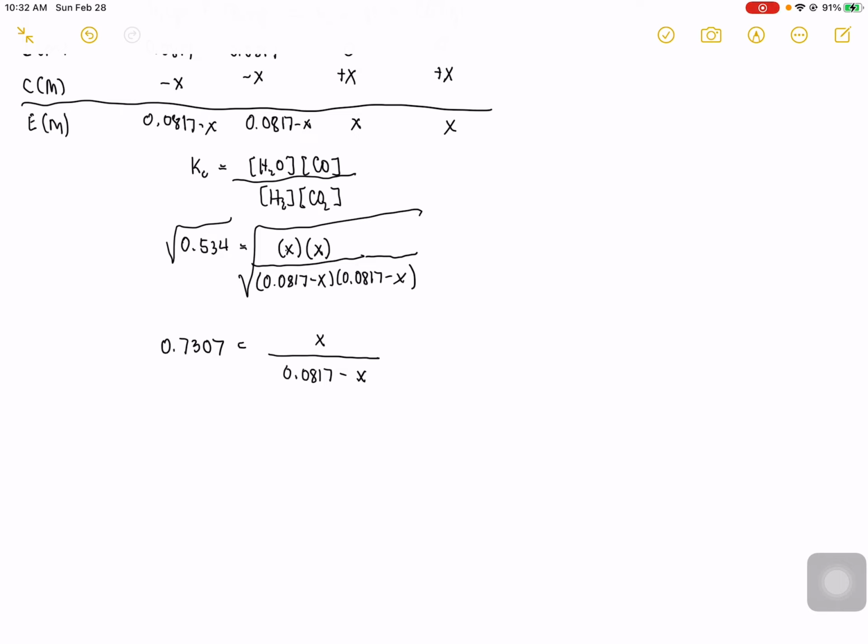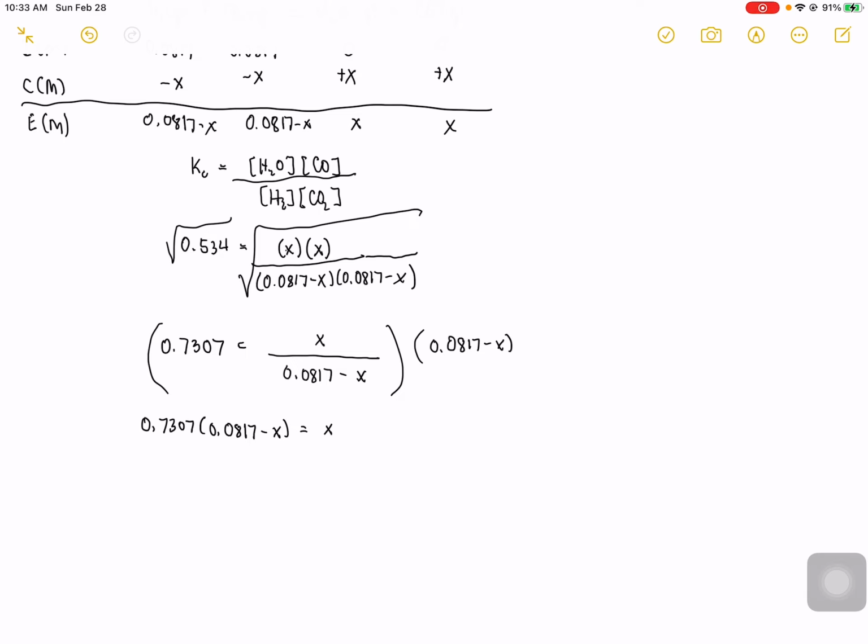Now multiplying both sides of the equation by the denominator allows us to further simplify the rational expression on the right side of our equation. So we have 0.7307 times 0.0817 minus X now equal to X.